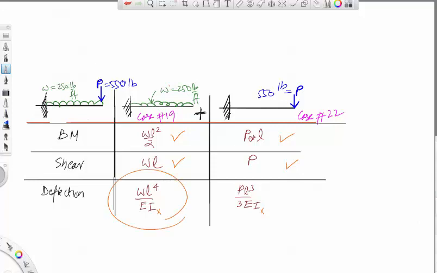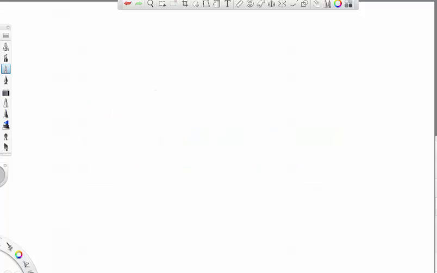For the uniform load it is WL to the power of 4 divided by 8EI, and for point load it is equal to PL cubed divided by 3EI. So I need to write these down and start to work on the numbers. So let's tab a new page, I guess. That is page 5.